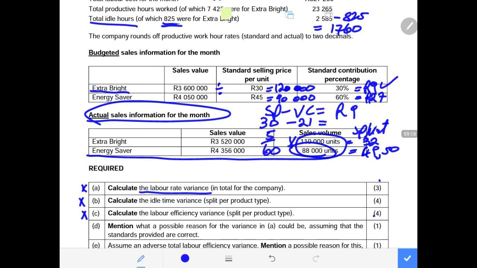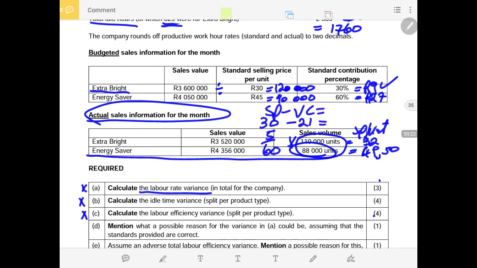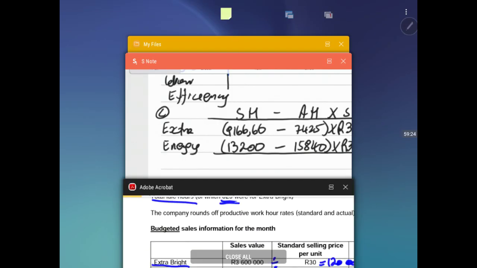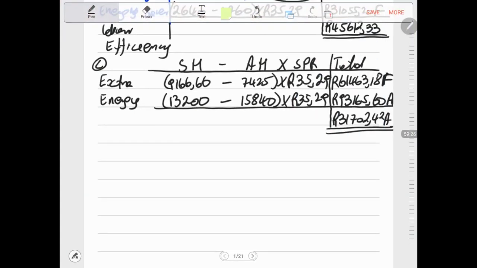Then we go to the next part, which is our sales mix variance. That will be C, D, E, then we are in F, the sales mix variance.